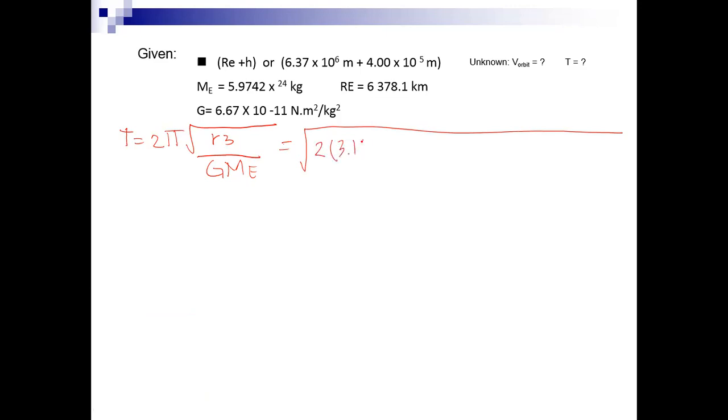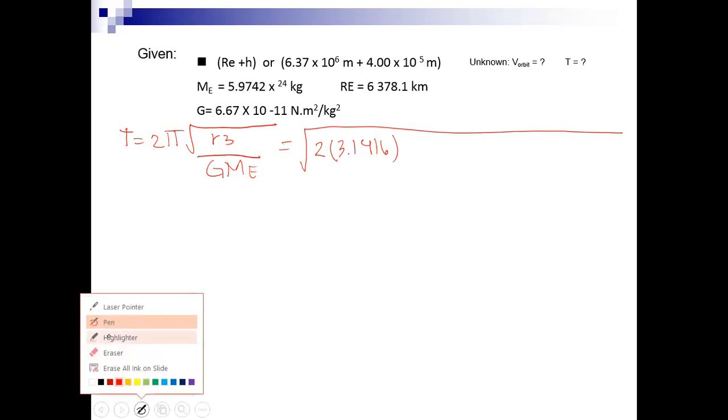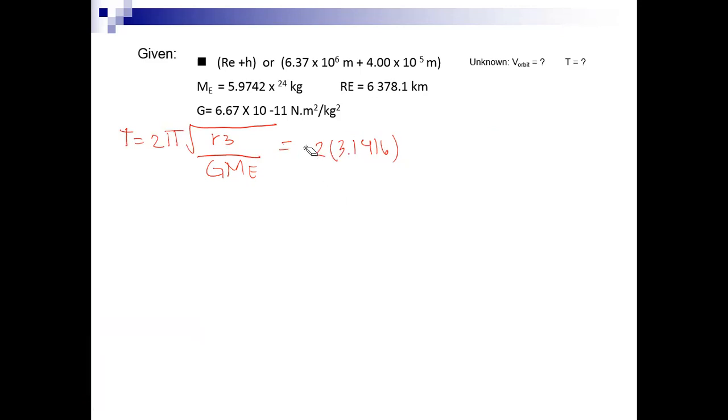We have 2, that is 3.1416, no? And then, wala mo muna yung square root dyan. Ilagay ko kaagad. So, we will have that later. Dito na yan.